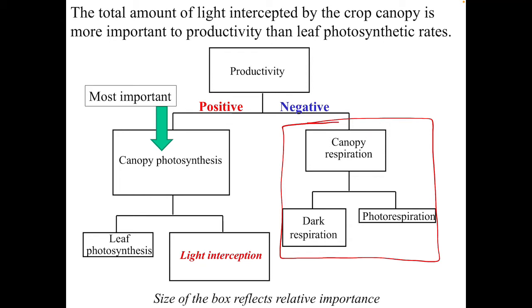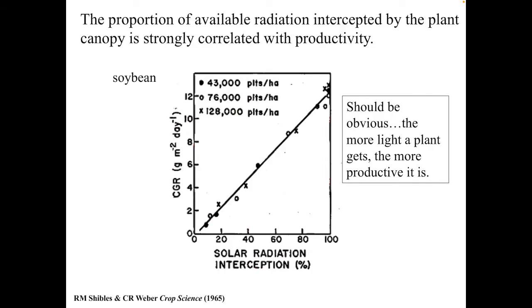So one individual leaf photosynthesizing really, really well does not contribute to productivity very well. But the entire canopy photosynthesizing really well is what you want. Not every leaf photosynthesizing as best as it possibly can, but the entire canopy photosynthesizing as best as it possibly can.